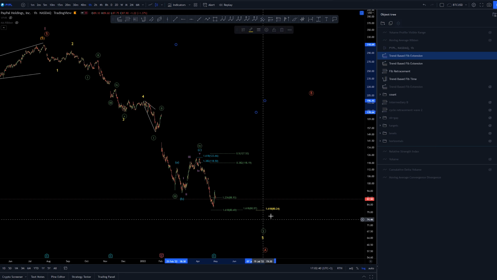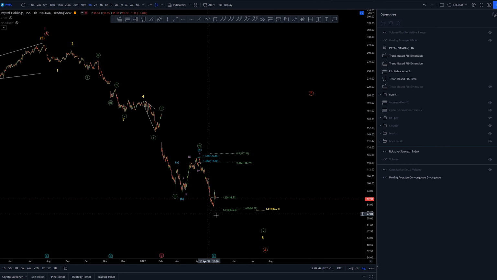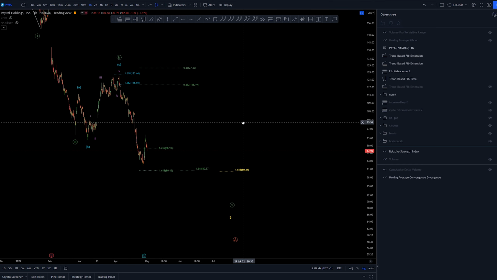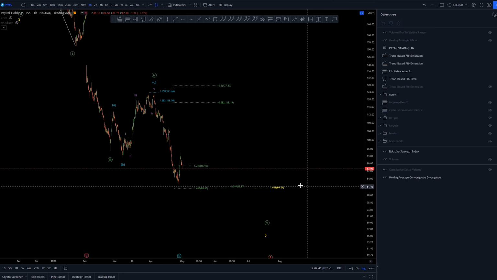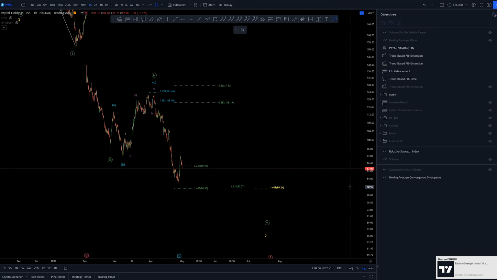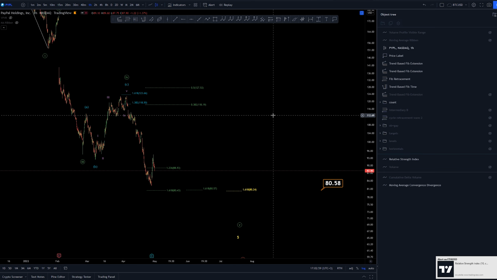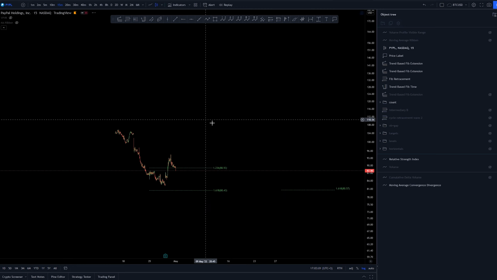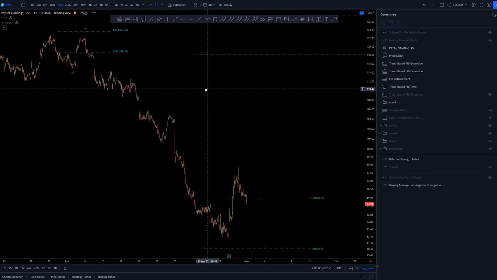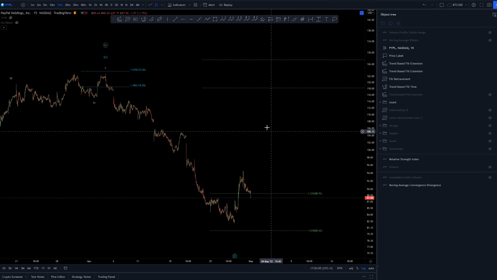And what do you know, the same area exactly. So at this point all the higher time frame targets are right around the current price we're having, around $80, right there. So let's zoom in a bit on this current price action, see if we can find some kind of wave count to support this.